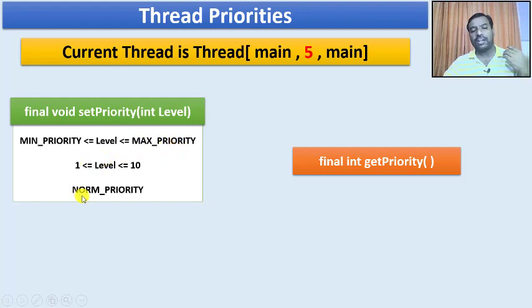If you want the default, that is 5, as the middle priority, just pass the parameter as norm priority. Or if you want any other priority, make sure the value is between 1 and 10. Is it fine? This is how we change the priority of the thread if we think it is necessary.